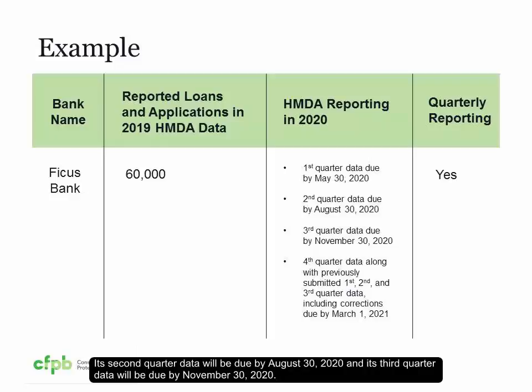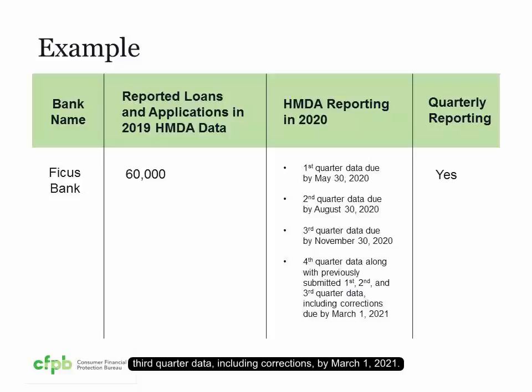Its second quarter data will be due by August 30th, 2020, and its third quarter data will be due by November 30th, 2020. Ficus Bank will then submit its fourth quarter data along with the previously submitted first, second, and third quarter data, including corrections, by March 1st, 2021.